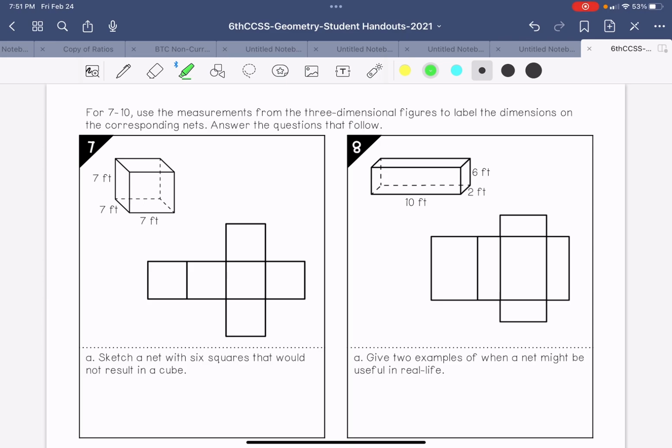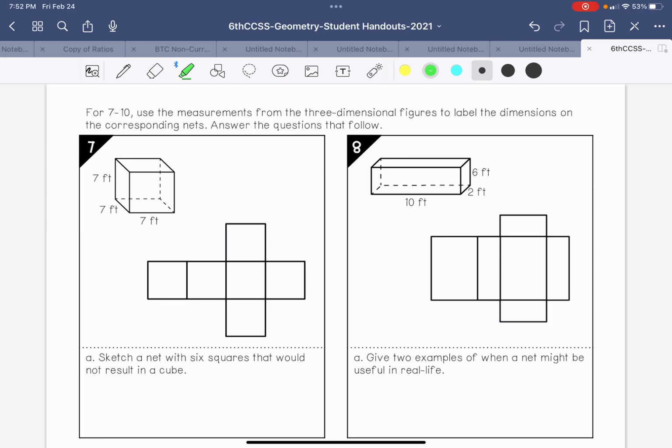All right, so if I look at number 7, use the measurements for the 3-dimensional figures to label the dimensions on the corresponding nets and answer the questions below. So this one you may have to go back to the others to find what your bases are if you want. However, by looking at this, I can tell, what shape is this?